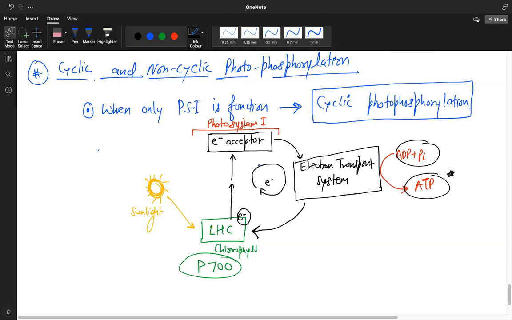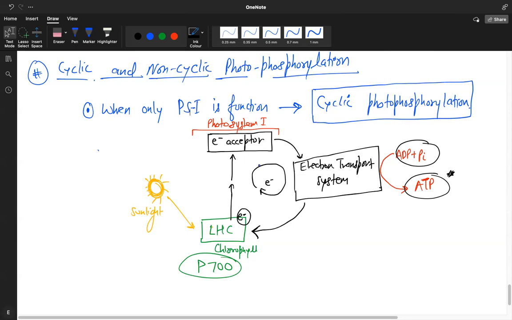Cyclic. So these plants will have both the photosystems or only one photosystem? One. And which one will that be? Photosystem 1. So all plants have photosystem 1, whether they are living in water-rich or water-deficient conditions, whether they are doing non-cyclic or cyclic photophosphorylation.